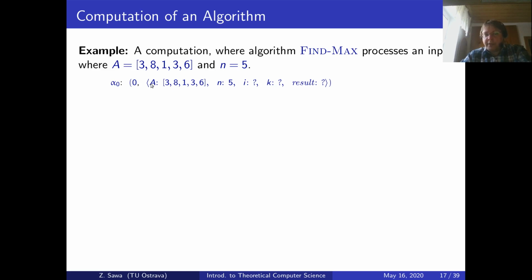These variables containing input contain some value, and the other variables contain some unknown value. They are not initialized, so this is denoted by these question marks. So these variables I, K, and result have not been assigned yet, so they contain some unknown uninitialized value.